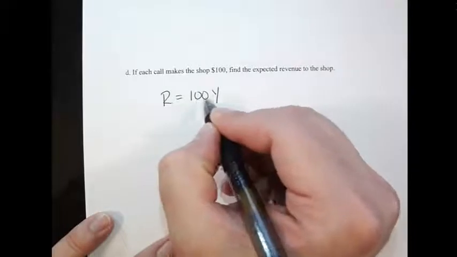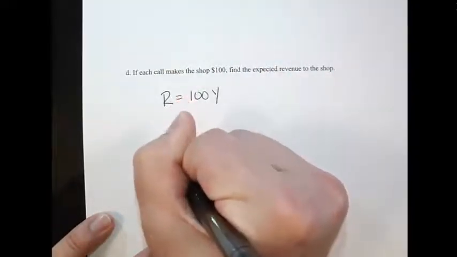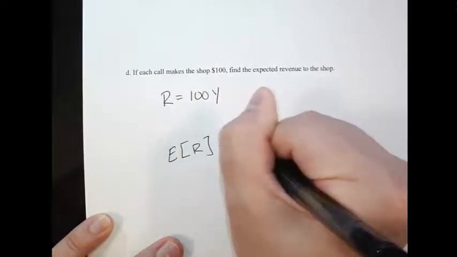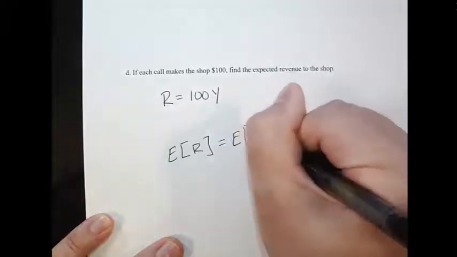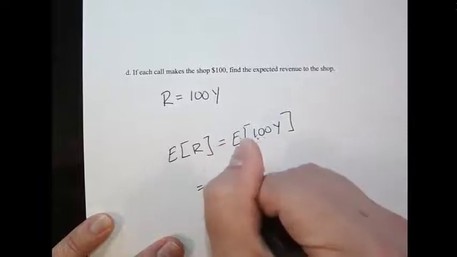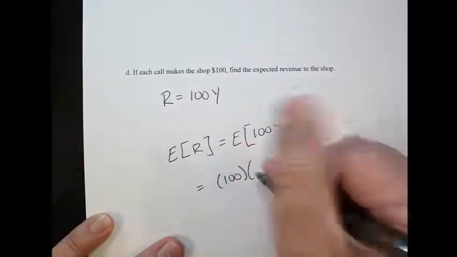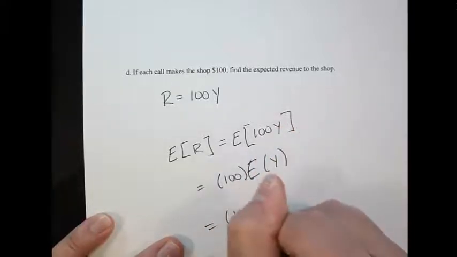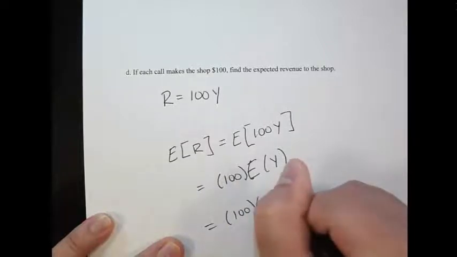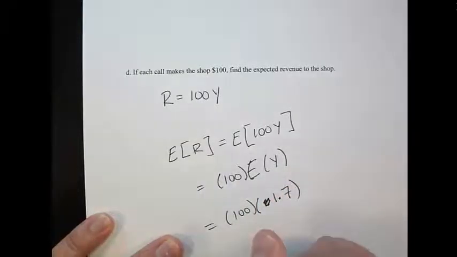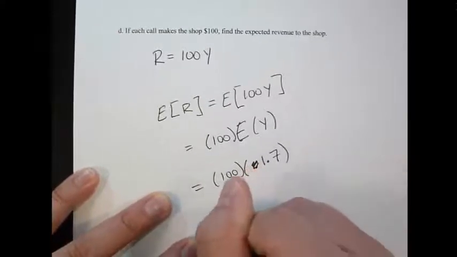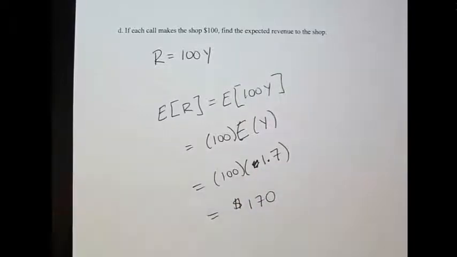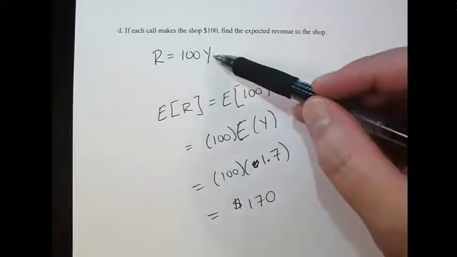If you have a value that's 100 times Y, all you have to do to find the expected revenue, which I'm going to call E of R, that means that's E, the expected value of 100Y, which means that is 100 times the expected value of Y, which is 100 times 1.7 that we found previously, which gives us $170.